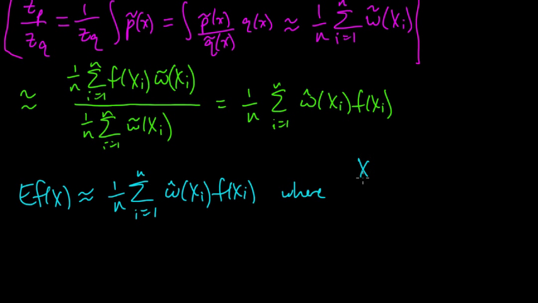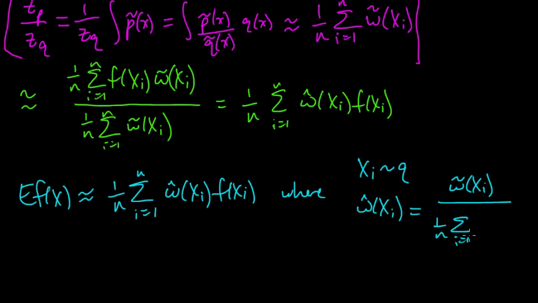where x1 through xn are distributed according to q, and w hat of x equals, what is it? Actually, I guess we just want w hat of xi, which equals w tilde of xi divided by the average, 1 over n, sum of w tilde xi.